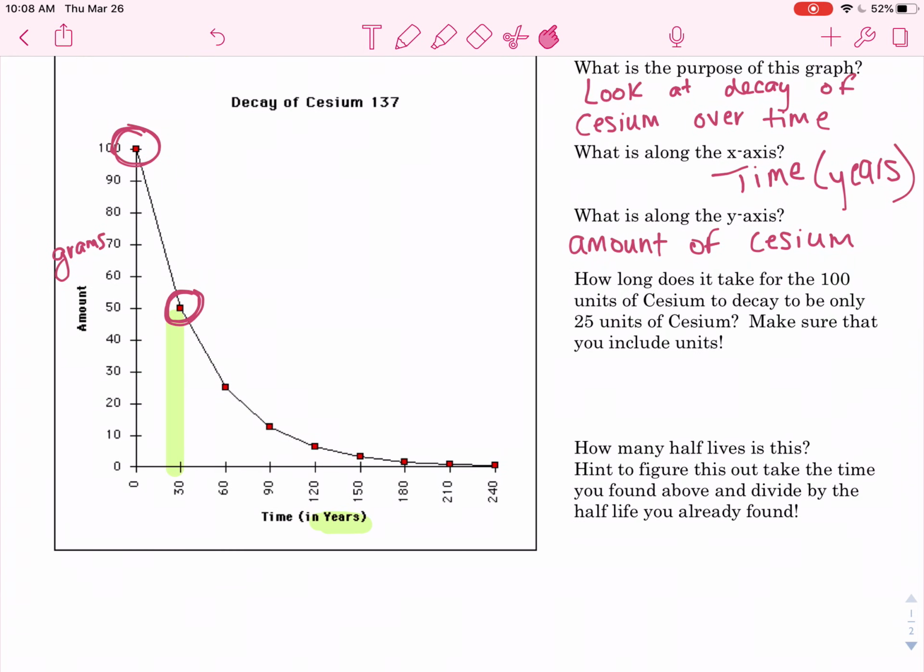Here are a couple more challenging questions. How long does it take for the 100 units of cesium to decay to be only 25 units of cesium? Make sure that you include your units.